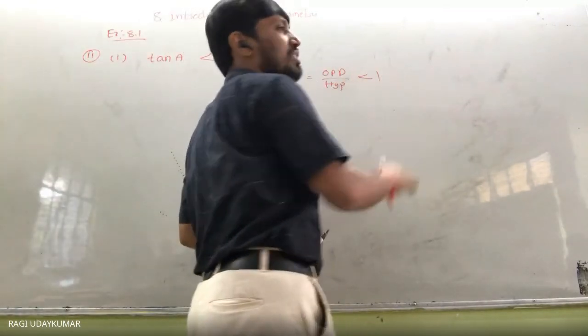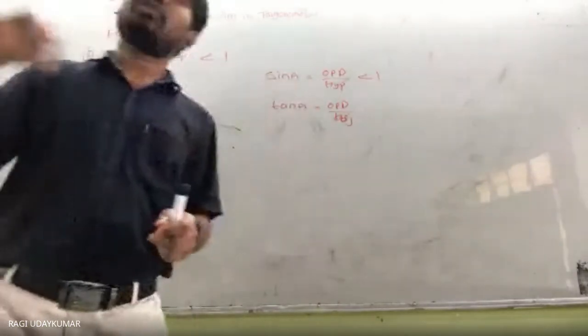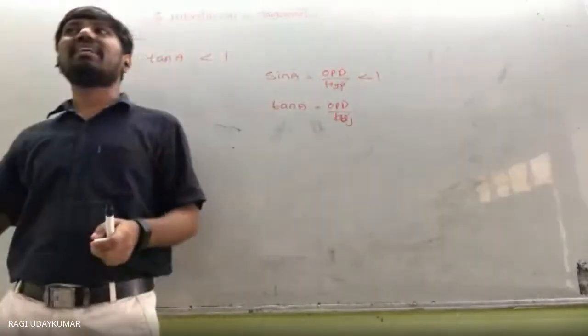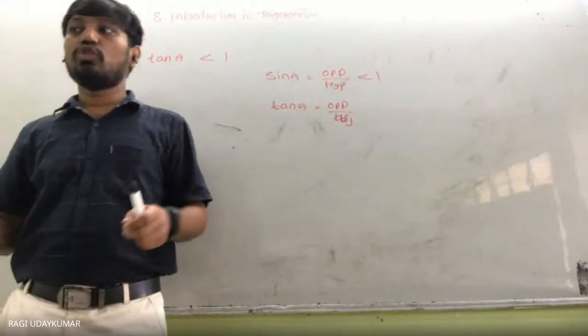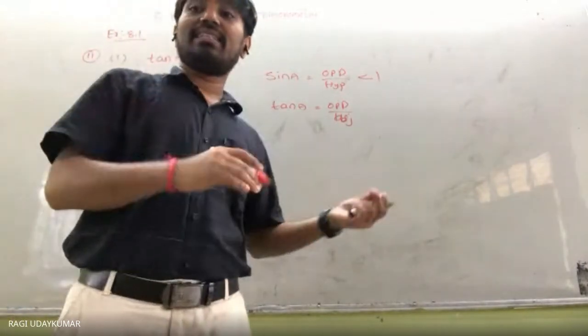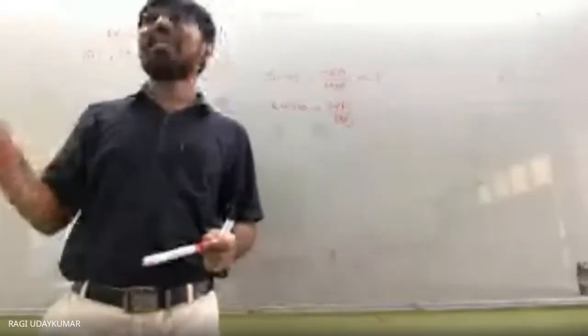But tan A, whenever you are taking, it is opposite by adjacent. Opposite can be greater than the adjacent, adjacent can be greater than the opposite. So you cannot say that it is less than 1. Less than 1 नहीं होगा.